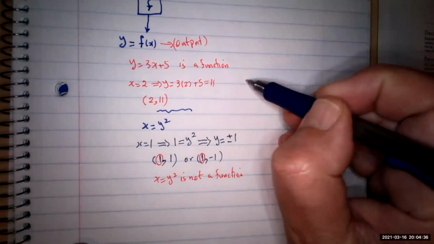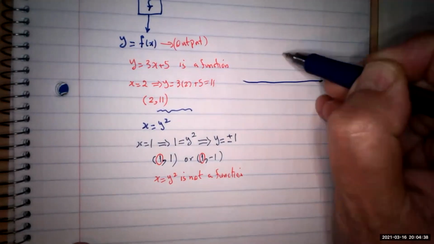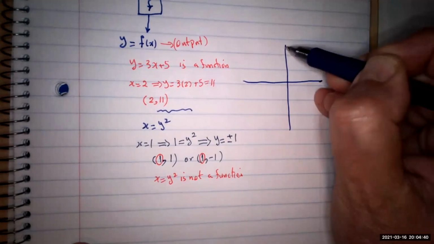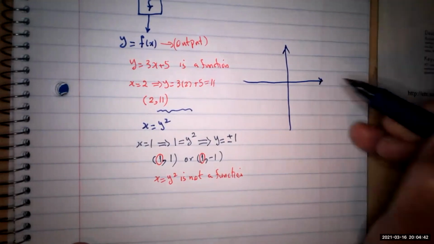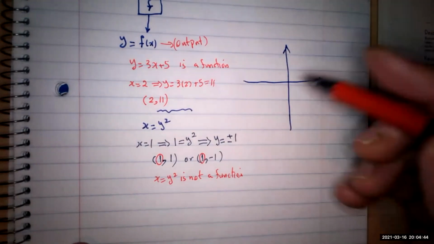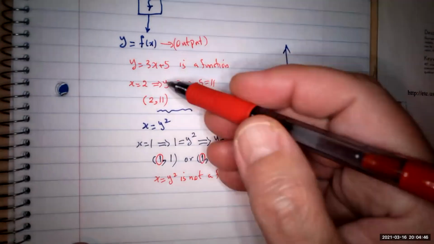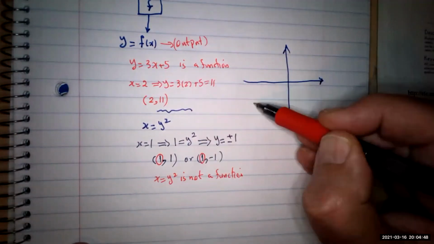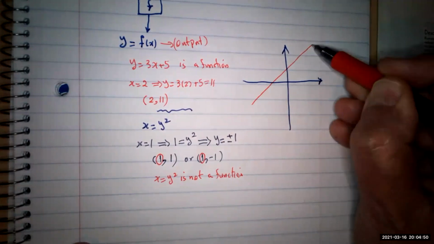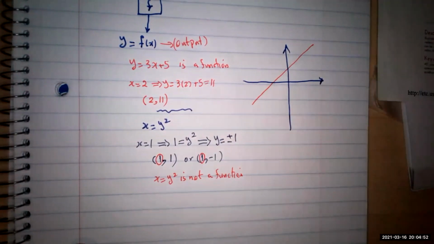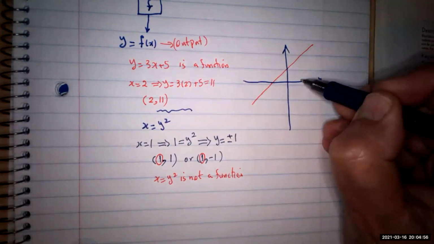This means, if this is the graph of this function, for every input there is one output.